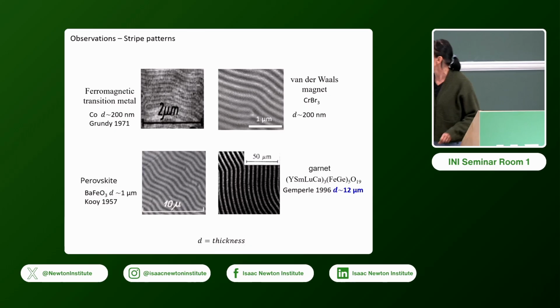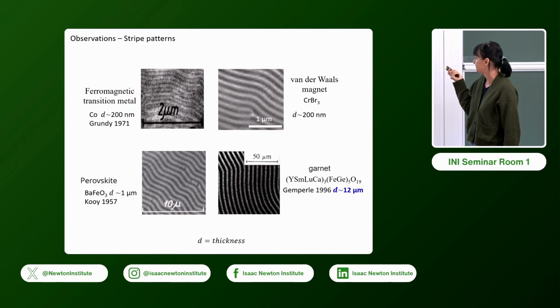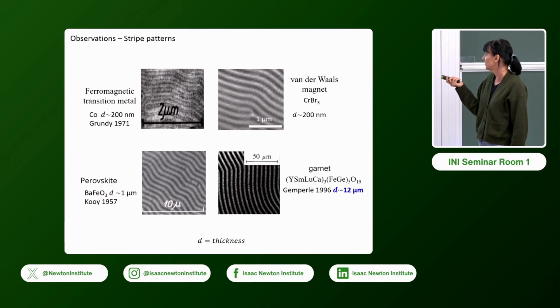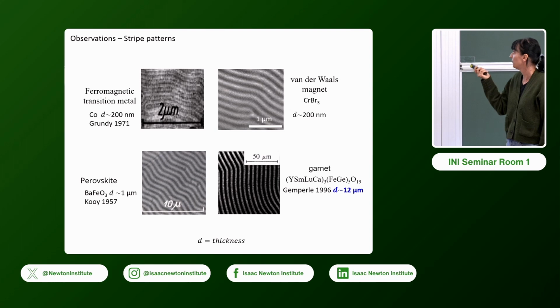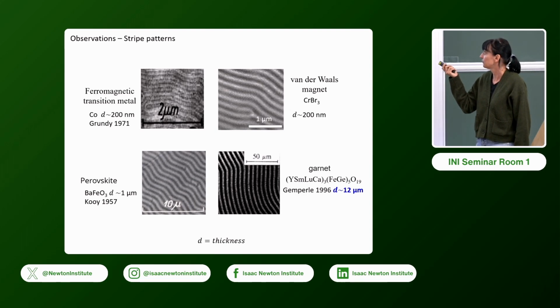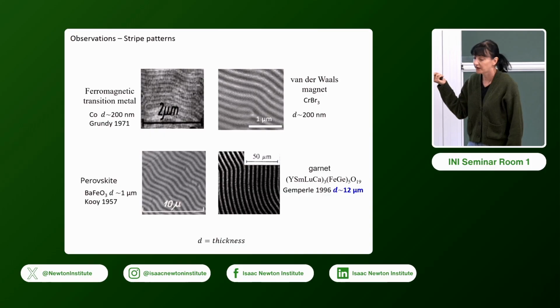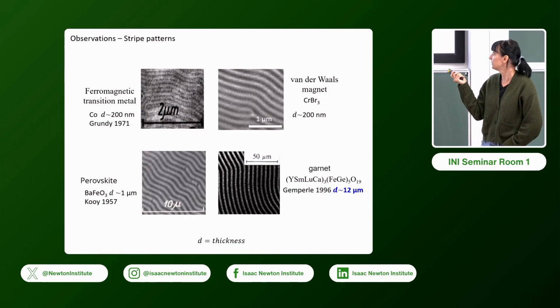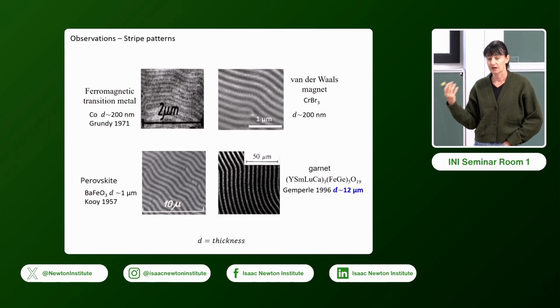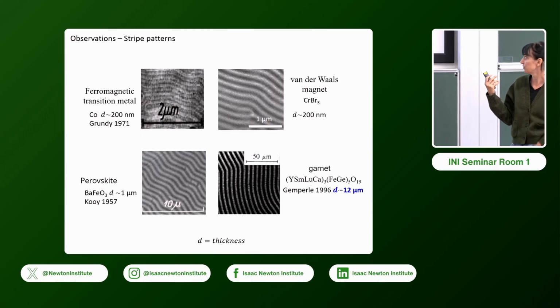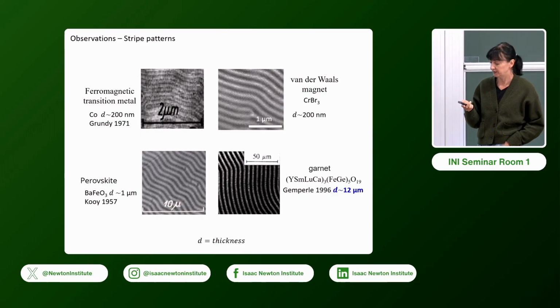And now, these are some stripe images in these different types of material. So we find here this ferromagnetic transition metal, and this is my favorite because it's just cobalt, and it can grow in this natural HCP form, which shows a natural out-of-plane anisotropy.